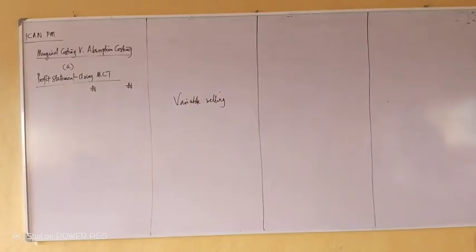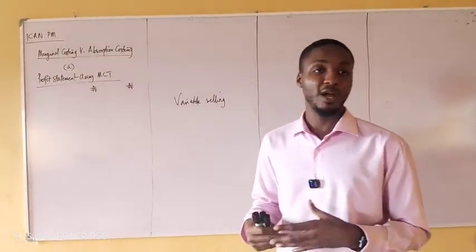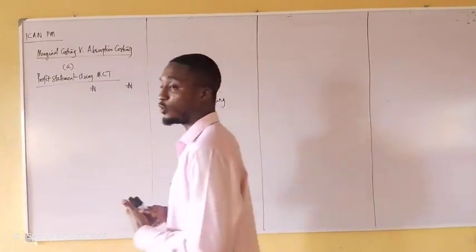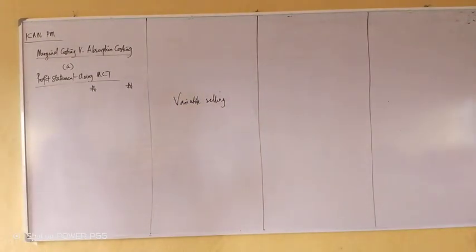But basically, a profit statement will start with sales less your cost of sales, and then you have your gross profit. From your gross profit, you now less other costs, that is your admin expense, your finance cost, your distribution expense, before you have profit before tax, deduct tax, and you have your profit after tax.